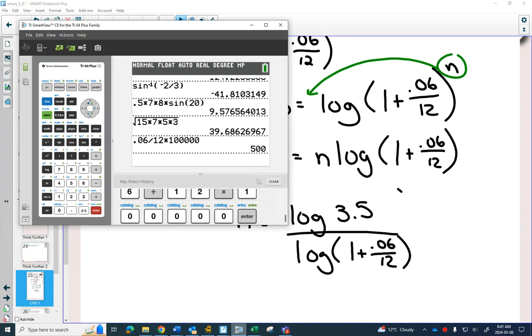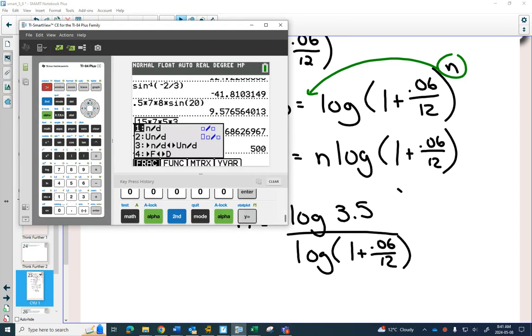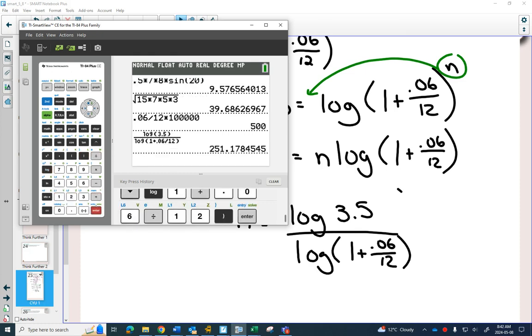And we can go to our calculator. Log of 3.5 divided by log of 1 plus 0.06 divided by 12. 251.178.